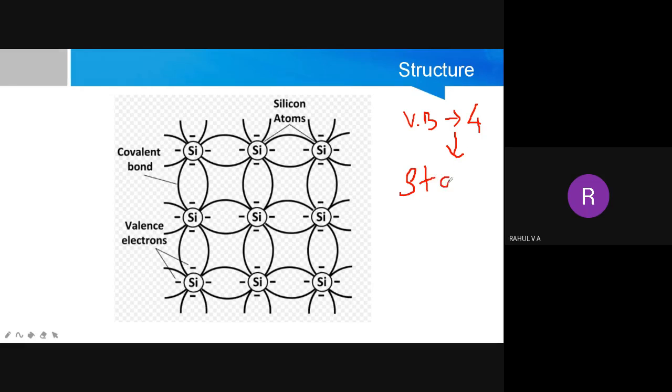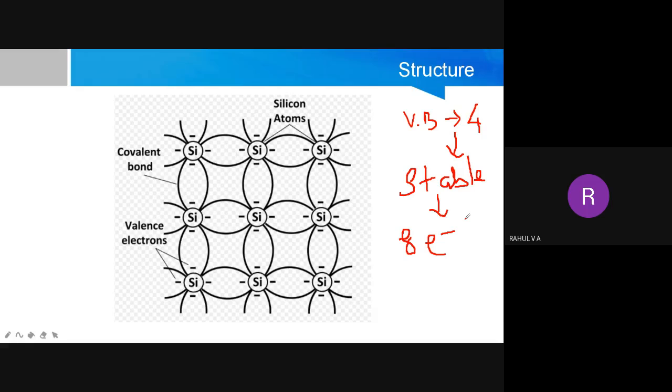For stability, it needs 8 electrons in the outermost shell. But this semiconductor material has only 4 electrons in the outermost shell.